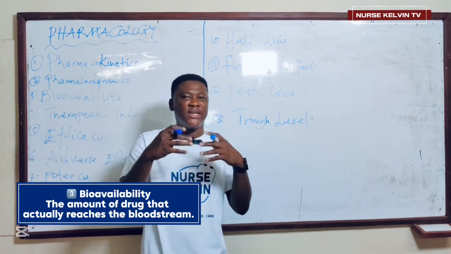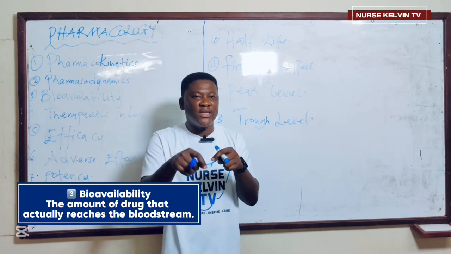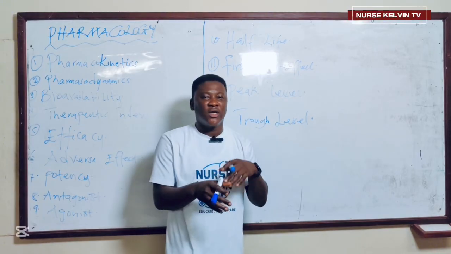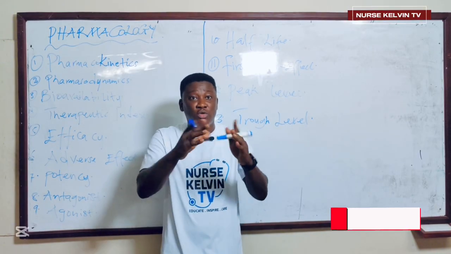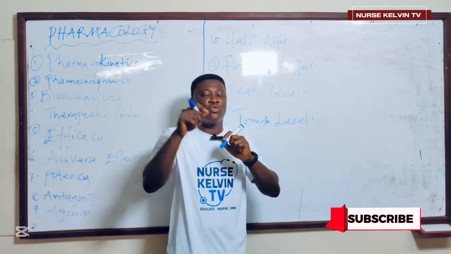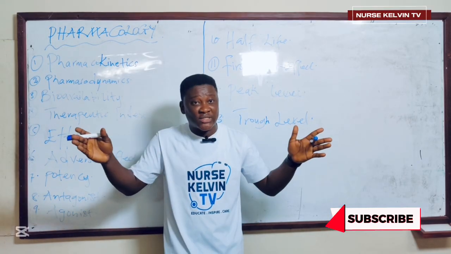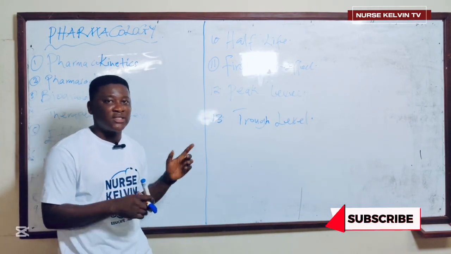You see, we take some medications as oral drugs. Most of those medications don't reach the bloodstream 100%. They don't reach there because of the metabolism process that they go through. So it won't reach the bloodstream as 100% drug. So that's the reason why we are talking about bioavailability.